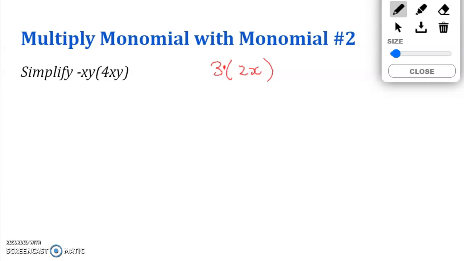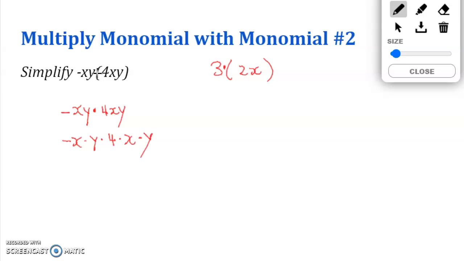So that means there is an invisible multiplication right there. So negative xy is being multiplied to 4xy. That's what it means. And negative xy is really the same as negative x is being multiplied to y, is being multiplied to 4, is being multiplied to x, is being multiplied to y.